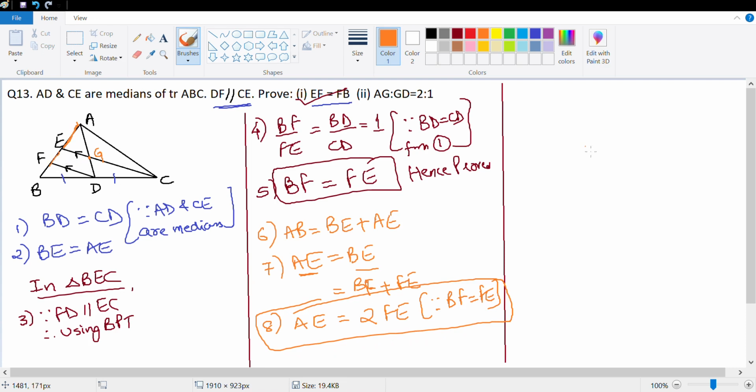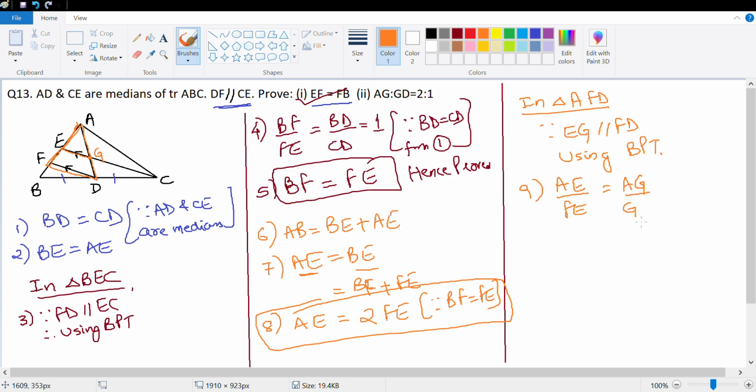Perfect. Let's look at the basic proportionality theorem. Now in this triangle AFD, where EG is parallel to the base FD, since EG is parallel to FD, using the basic proportionality theorem, AE upon FE would be equal to AG upon GD.